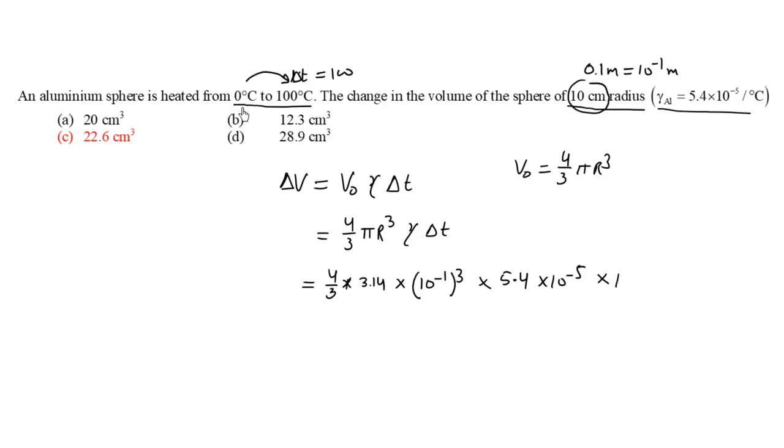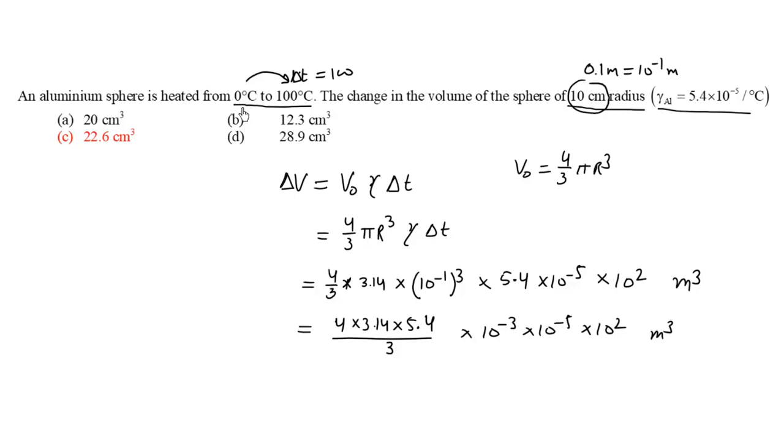So I can write it here as 10 to the power minus 2. So this is in meter cube: 4 into 3.14 into 5.4 by 3, and 10 to the power minus 3, 10 to the power minus 5 and 10 to the power 2. This is meter cube.